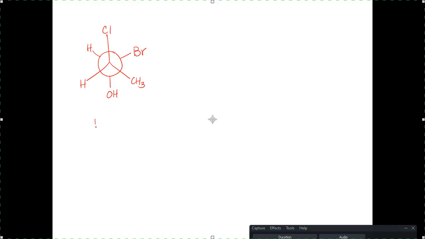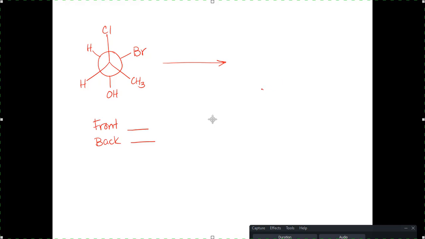And I said, what is the front carbon's configuration, R or S, and what is the back carbon's configuration? Is it R or S? Then what I need to do is convert this into, I usually do it into a sawhorse projection because it's a little bit easier to do.